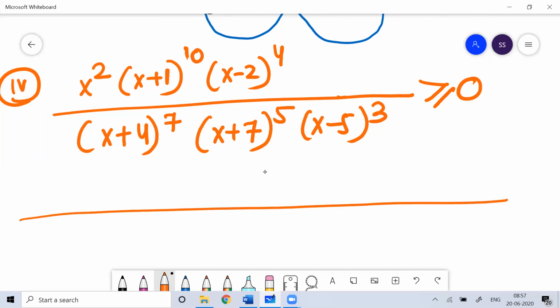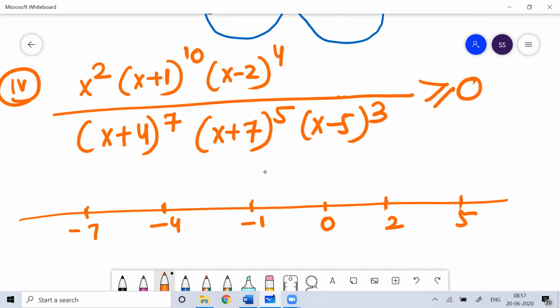So to draw the number line, it would be minus 7, minus 4, minus 1, then 0, then 2, then 5. Okay.